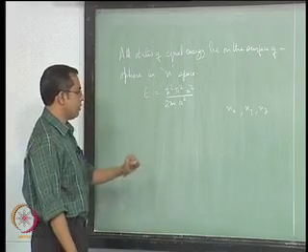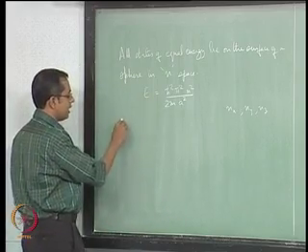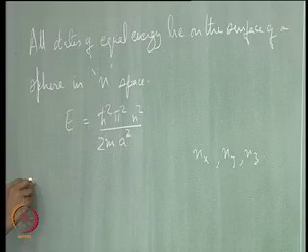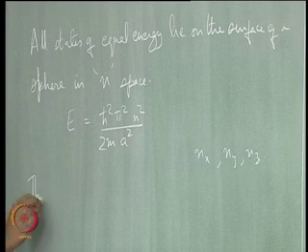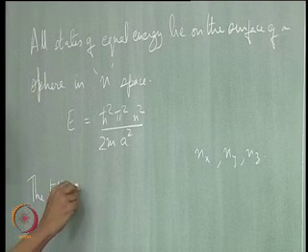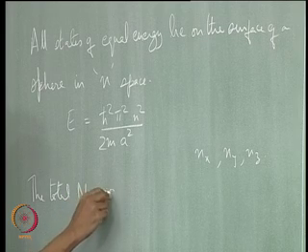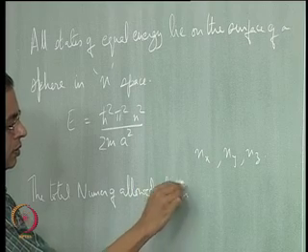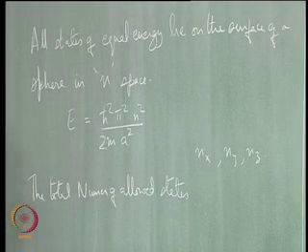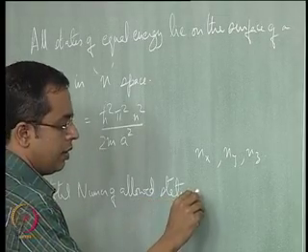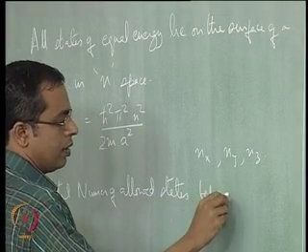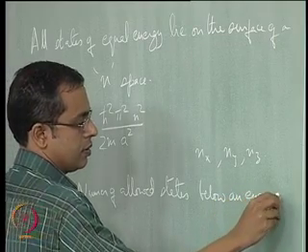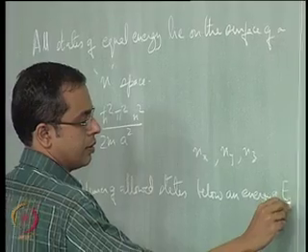So what we will do is see if we can look at the total number of allowed states below an energy value E subscript n.